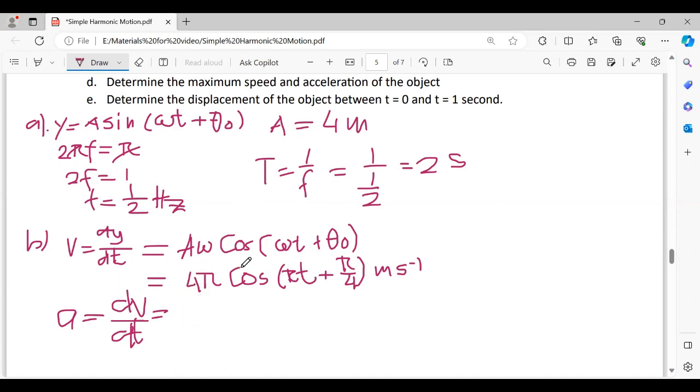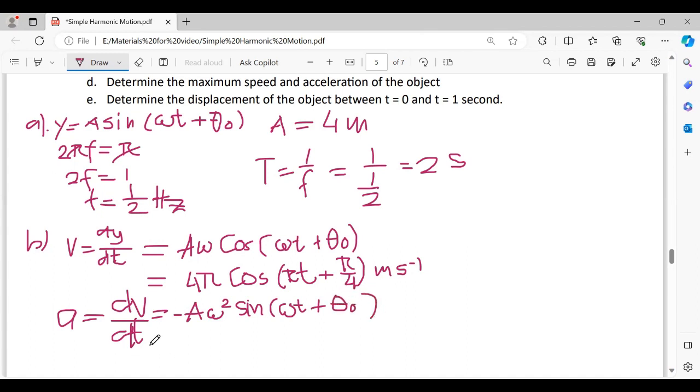The derivative of cosine gives a negative sign, so it becomes negative A omega squared sine of omega t plus theta zero.